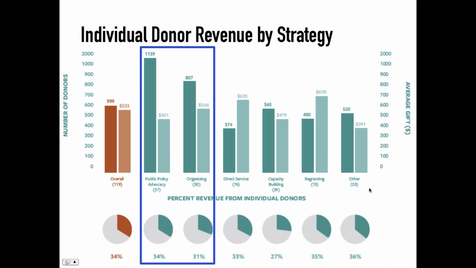And we can see here that organizations focused on public policy advocacy and organizing have a lot more donors, which makes sense given the kinds of work these groups often do. They're going into communities, they're getting people engaged on issues, they may be asking them to participate in community meetings, asking them to come be a part of discussions around specific issues. So it makes sense that these folks would be more dependent, have more donors at that top level.